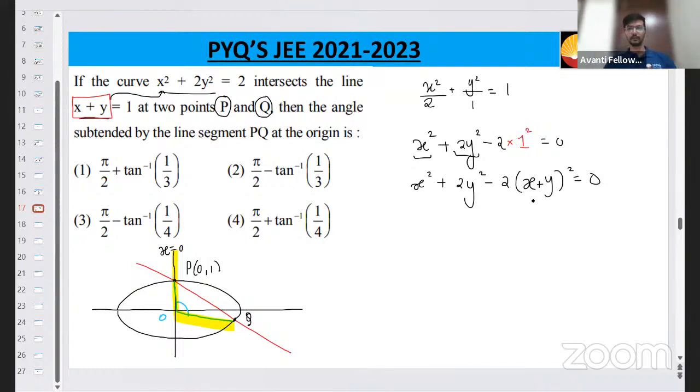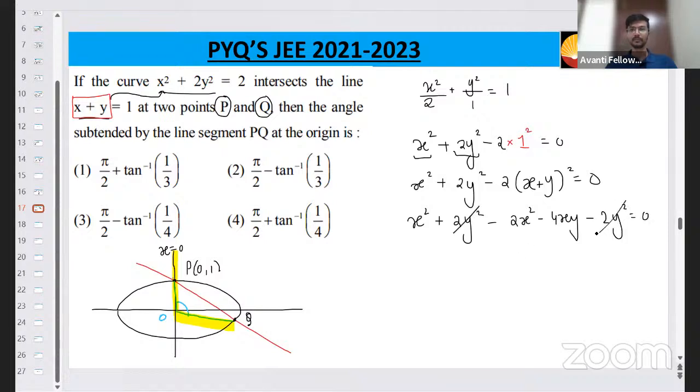So let's get the joint equation of this line. What to do, guys? Always remember what to do. Just take the constant term multiplied by 1 square, and from the equation of the line get what is the value of 1. So here we'll get x square plus 2y square minus 2x square minus 4xy minus 2y square equals 0.